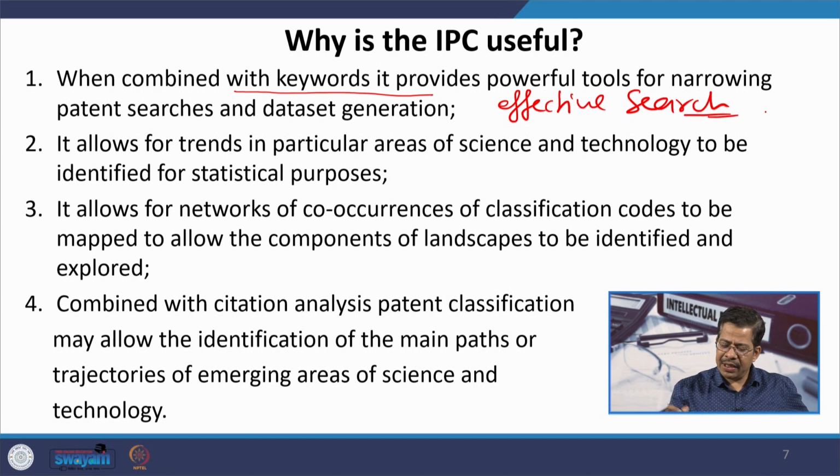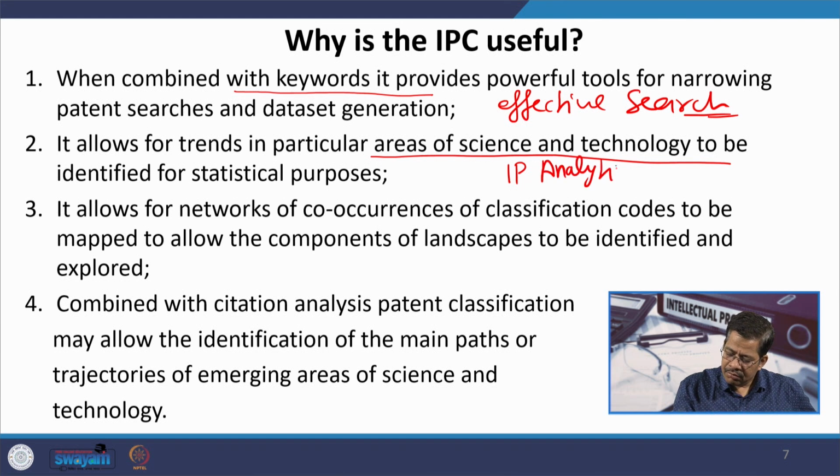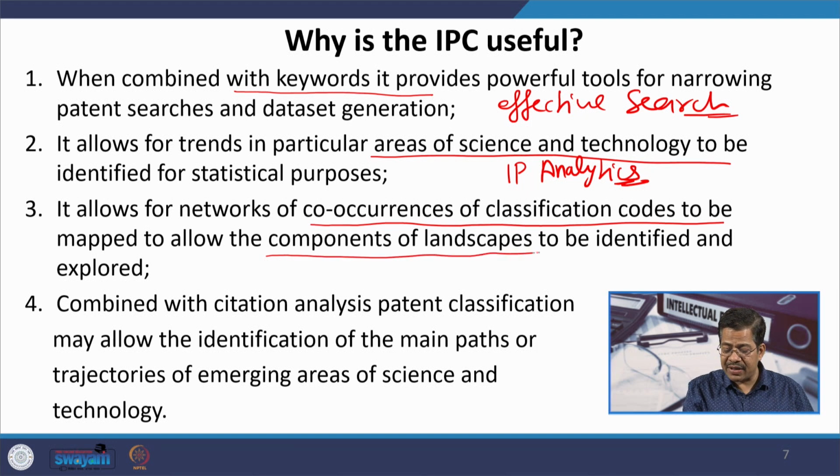You can easily get trends in the science and technology areas, and this can be used for a lot of IP analytics. With proper IPC classification, it can also help you with co-occurrences of classification codes, so that you can do a complete mapping to allow components of landscapes to be identified and explored.